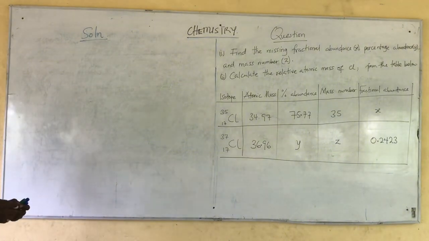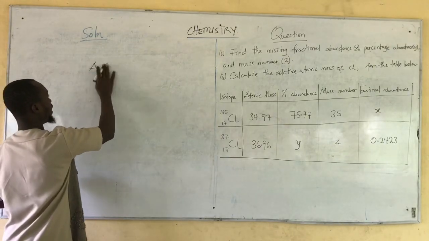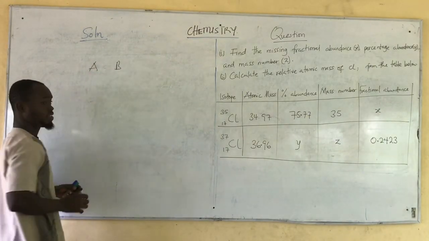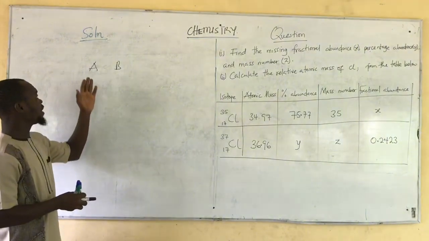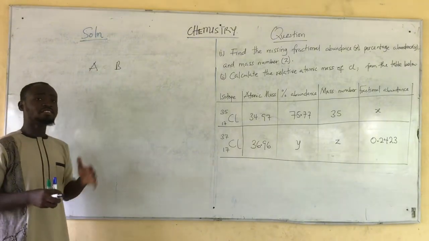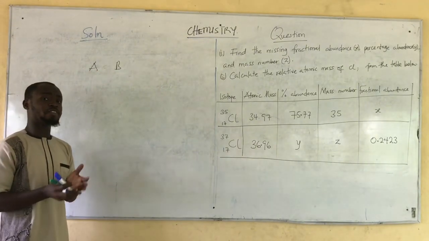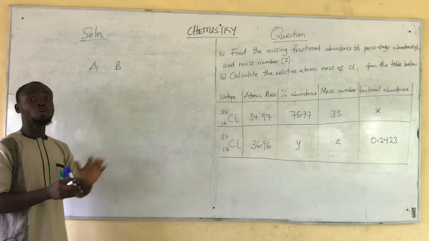So, anytime we're talking about percentage abundance, let's say we have two isotopes, A and then B. If we express the different amounts of each isotope of A and then B in its naturally occurring element in the form of percentage, it means that the total abundance should be equal to 100.